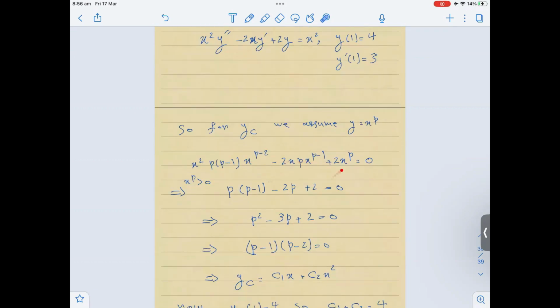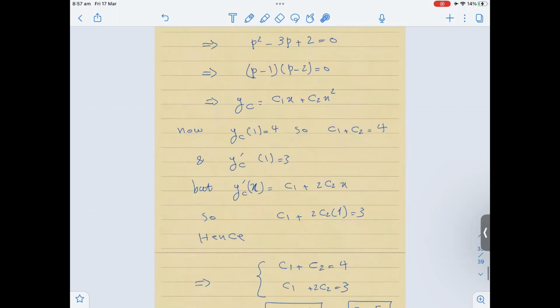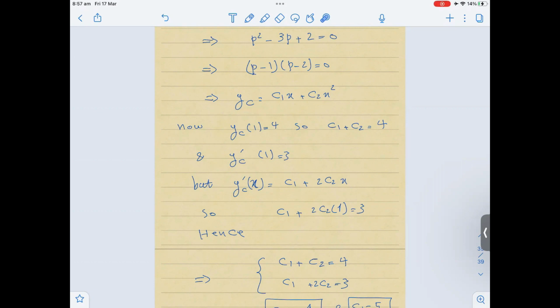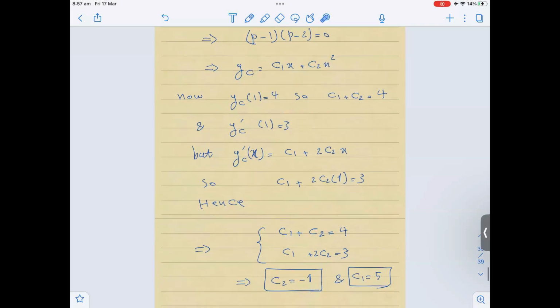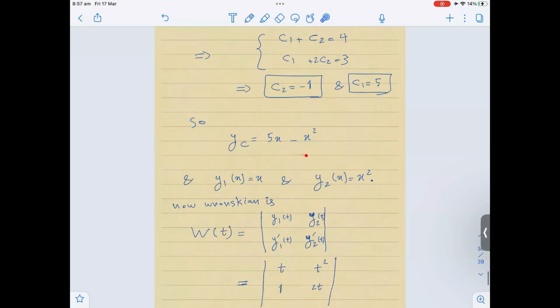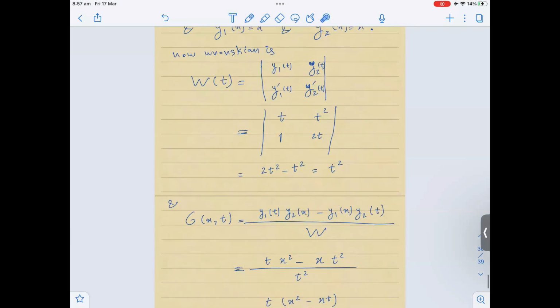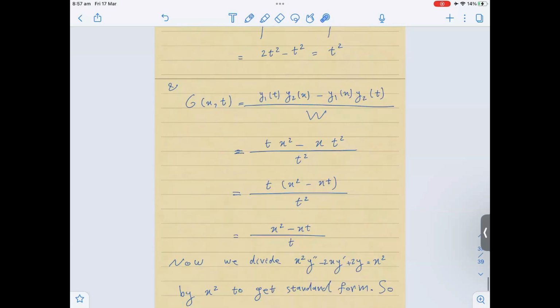So again, using the appropriate change of variable, y to the x^p, I will get my yc. Again, without relying on yp, I can get c1 and c2. So after c1 and c2 are determined easily, yc is here, and y1 and y2 are fixed. W(t) will be this one, t squared, and g(x,t) is this one.